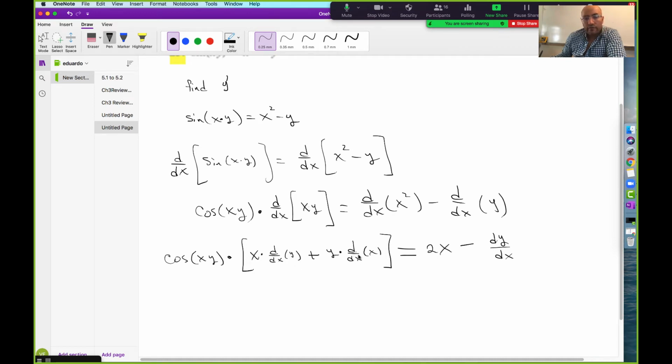And here, the derivative with respect to x of x is going to be equal to 1. Good. So what we have is cosine of xy times x times dy dx plus y times 1 equals 2x minus dy dx.